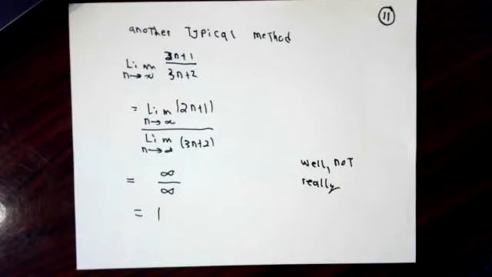The top would be plus infinity, and the bottom would also be plus infinity. And presumably infinity divided by infinity is 1. If you believe that, you have to believe that the limit is 1. That's wrong. We just proved that the limit was 2/3.